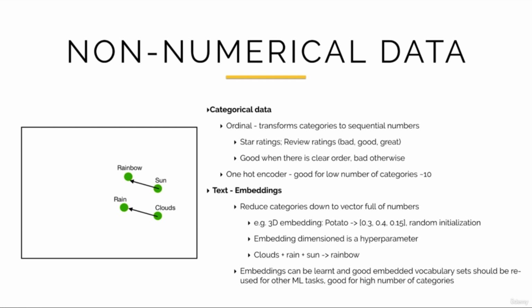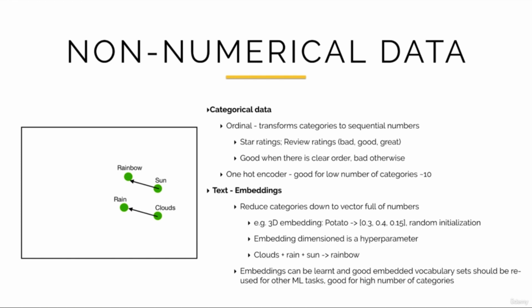And so you can see that there's a relation between the numbers that we assign to each of the words. Related categories or related words are going to start to group together, and different words are going to be further spread apart.